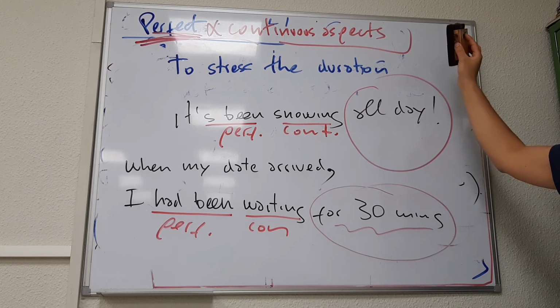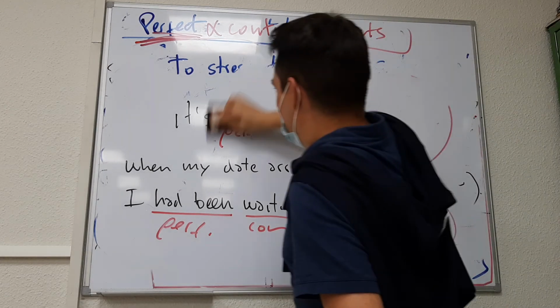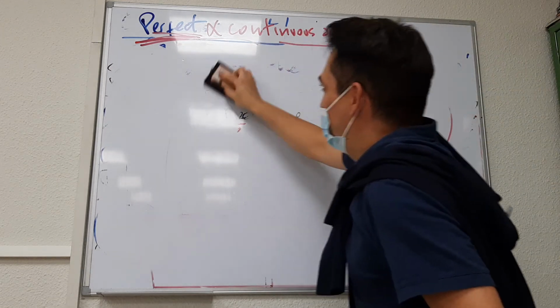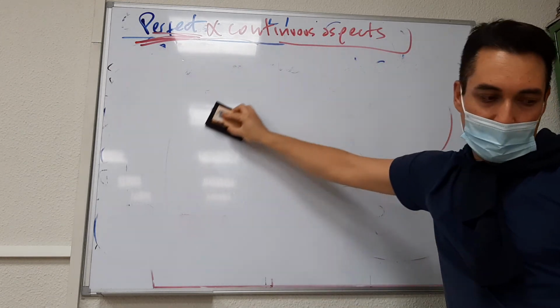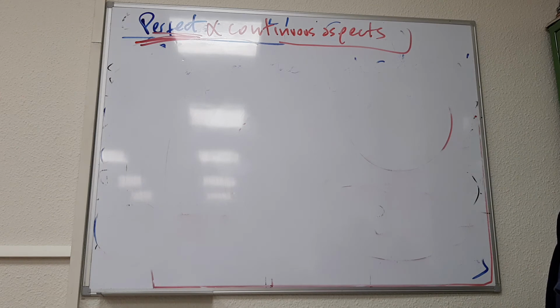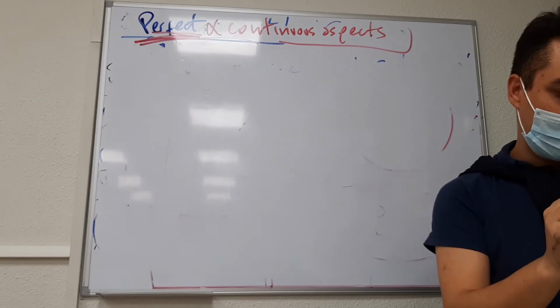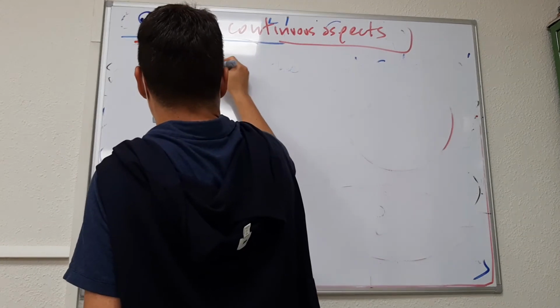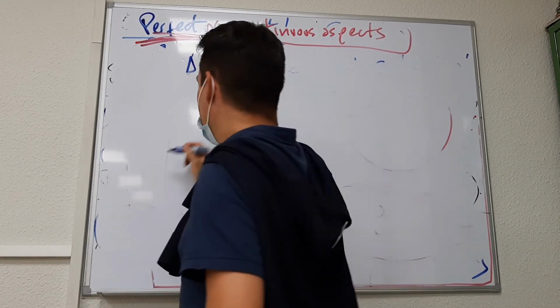Another possibility of combining perfect and continuous aspects is to describe an action continuing up to another point in time. And this is the very last one, I promise.